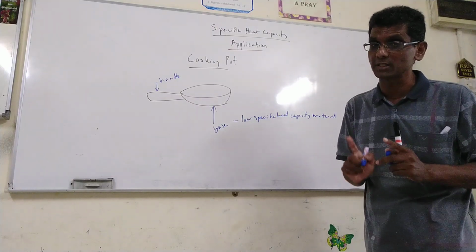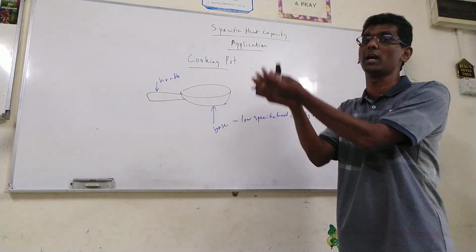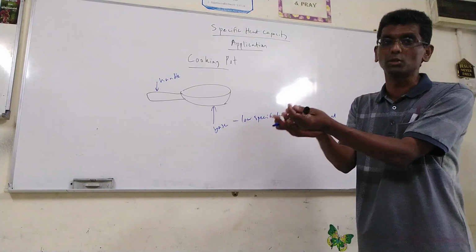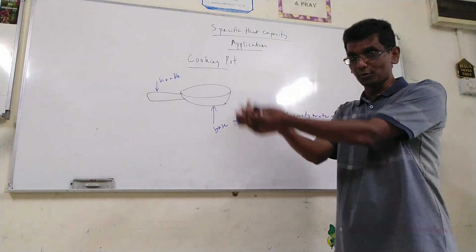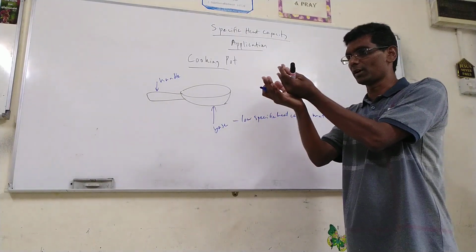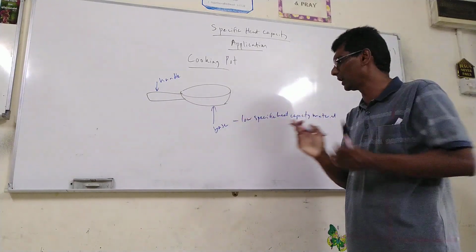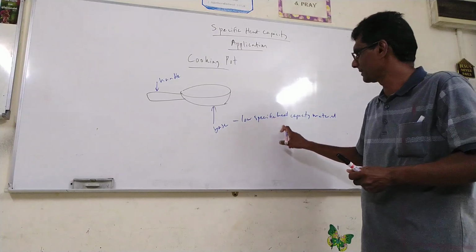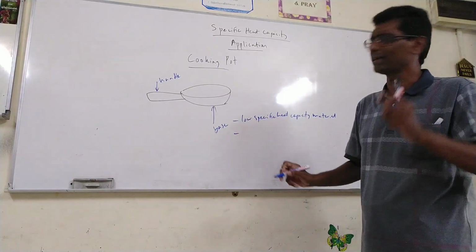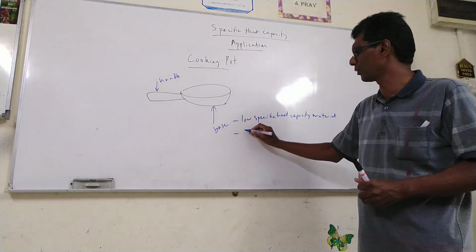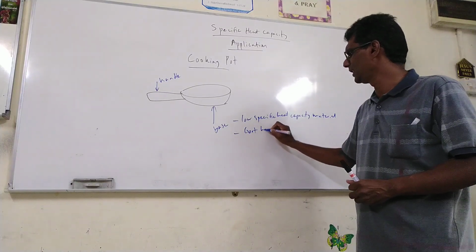Why? Because the base we put on the stove. So low specific heat capacity, which becomes a good heat conductor.